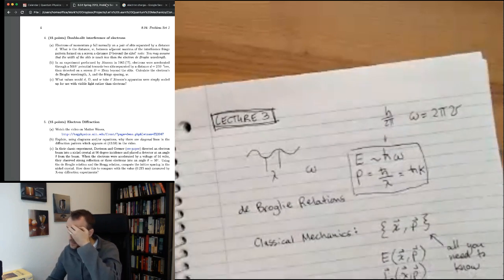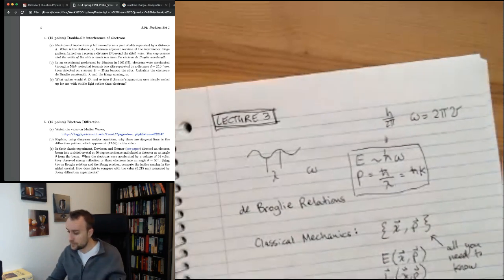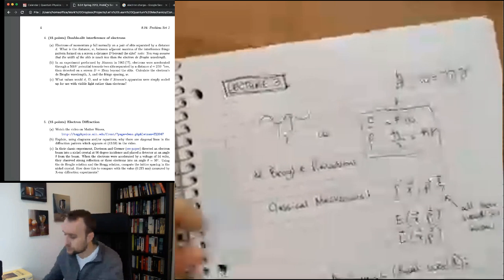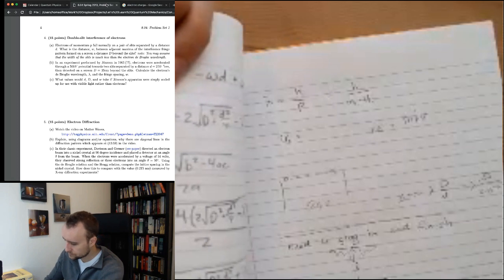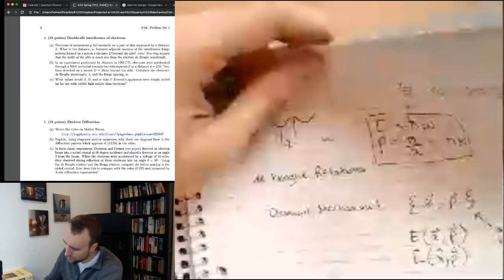Okay, so this de Broglie relation, we can do E is proportional to ħω. Let's have this here.